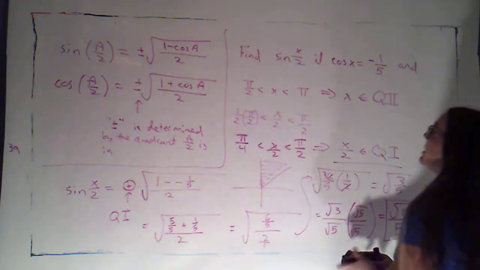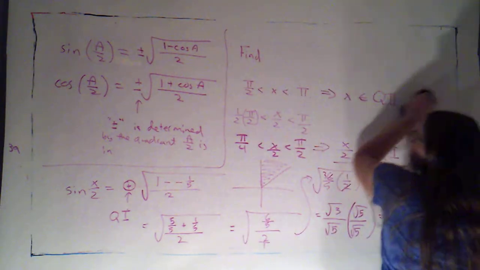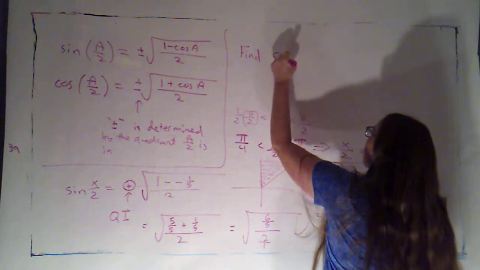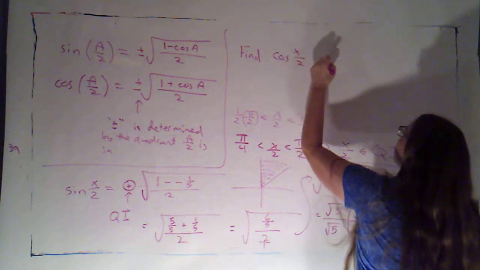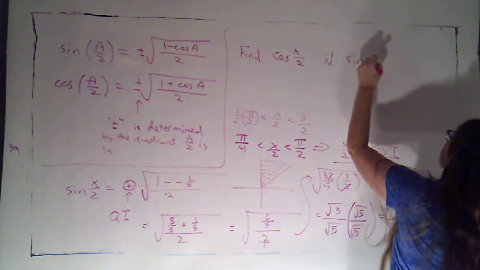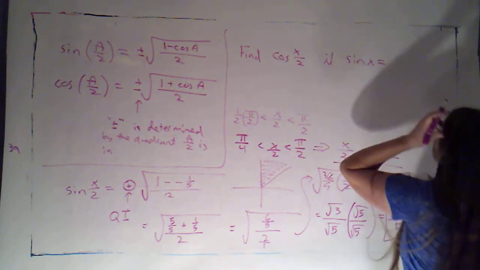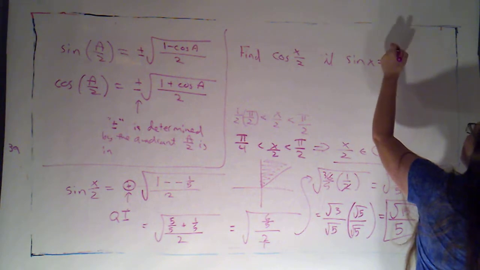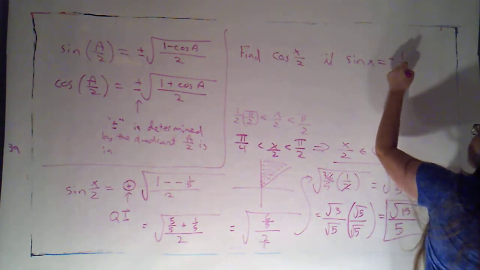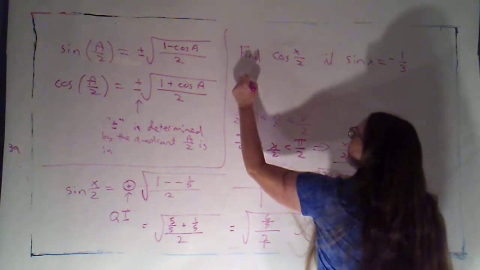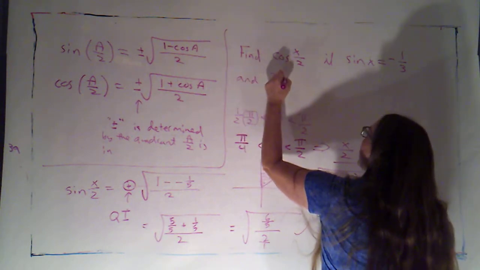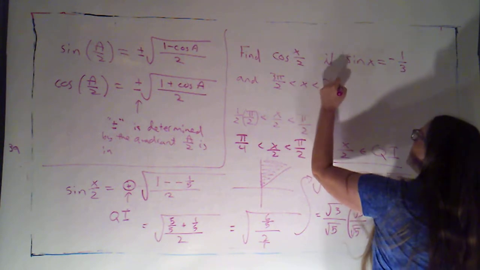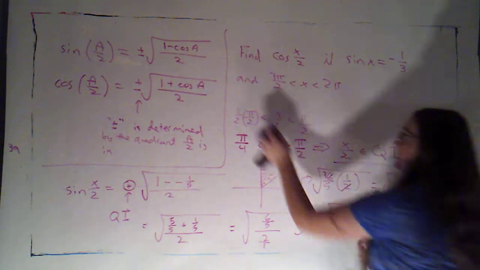Okay, so I'm going to give you another problem to try. I want you to find cosine of x over 2 if sine of x is equal to negative 1/3 and 3 pi over 2 is less than x, which is less than 2 pi.